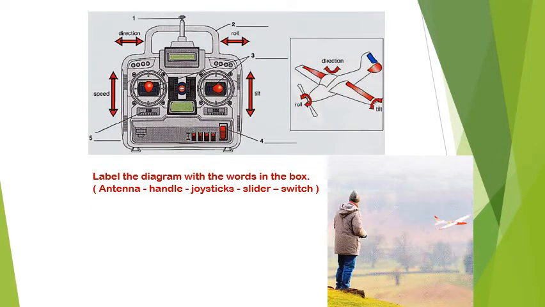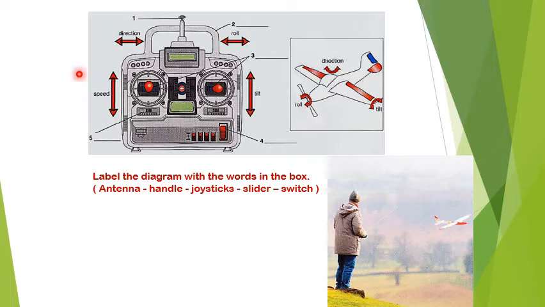For the next picture here, we have a diagram for the remote control and a picture of the plane while flying. So here, the diagram of the remote control, we have to label the parts. We need to put the words in the correct place.